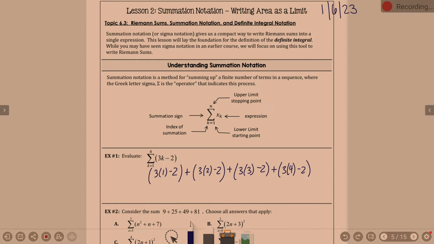Why am I stopping at 4? Because my upper limit is 4. So what do we end up with? Don't look at mine, don't look at mine. There we go.